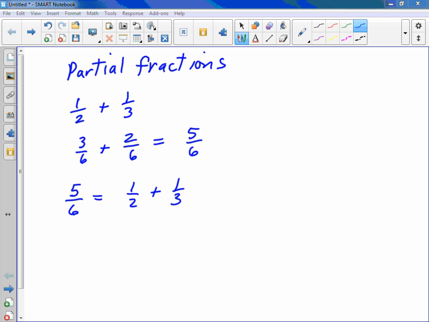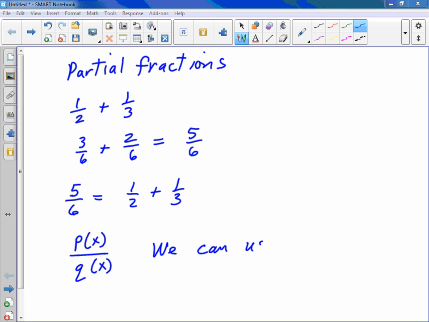And in general, we can say that if you have some function p of x divided by some other function q of x, that we can use partial fractions if two conditions are met.